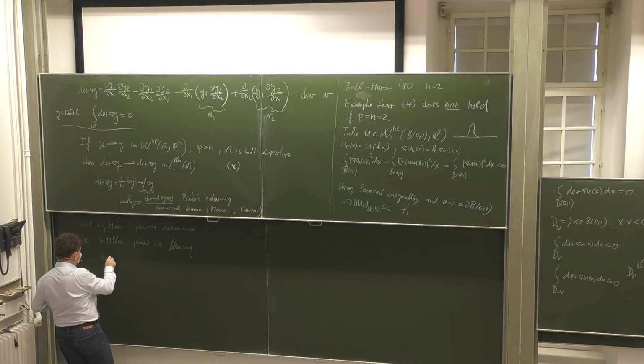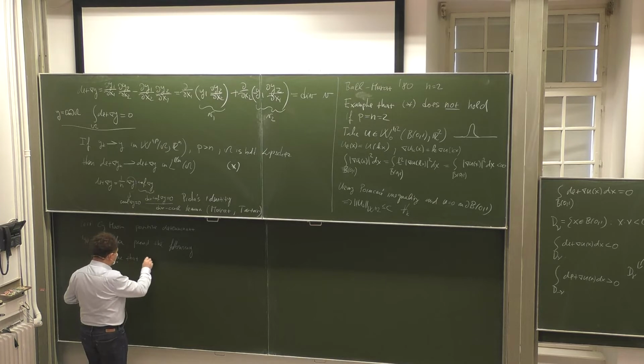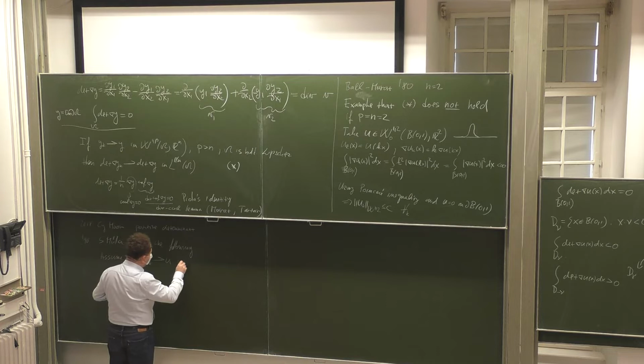Assume that u_k goes weakly to u in W^{1,n}.